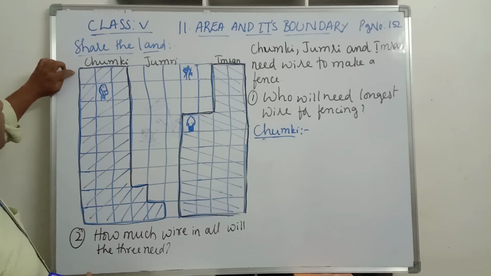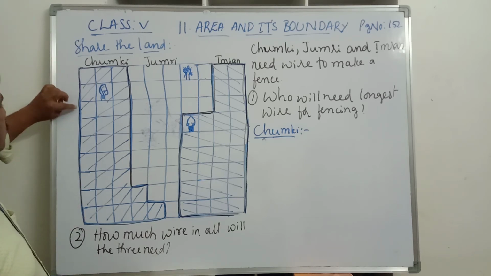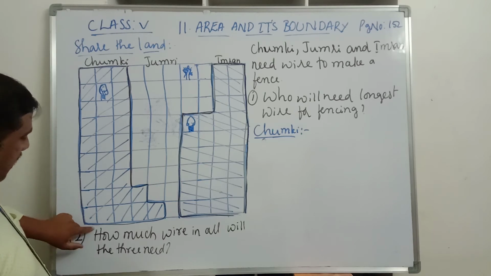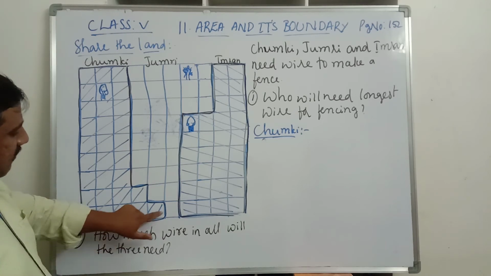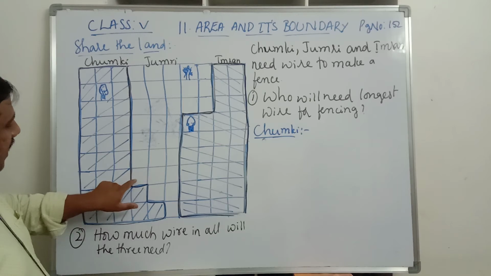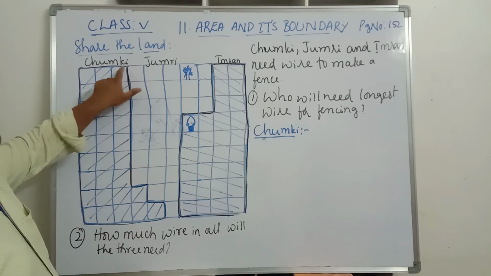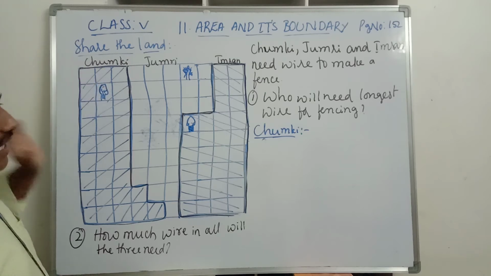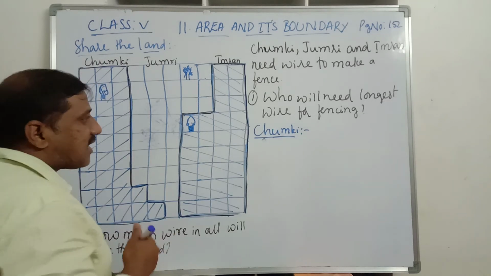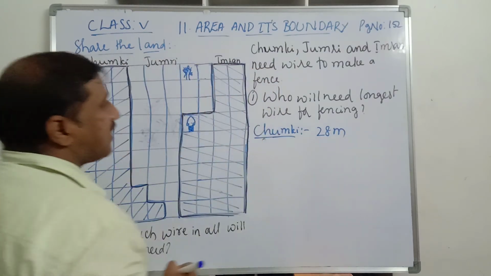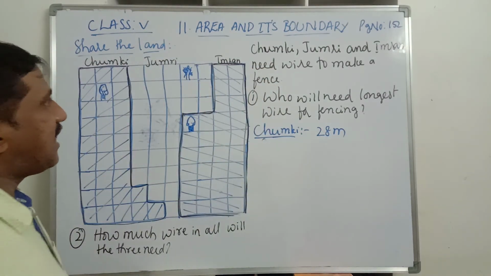Now we count how many are there here. 1, 2, 3, 4, 5, 6, 7, 8, 9, 10, 11, 12, 13, 14, 15, 16, 17, 18, 19, 20, 21, 22, 23, 24, 25, 26, 27 and 28. So 28 sides are there. Therefore Chumki required 28 meters of fencing wire.